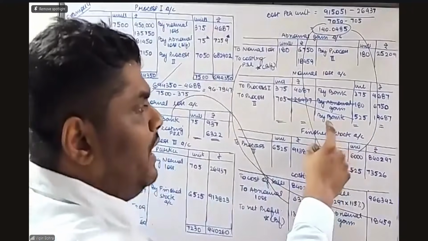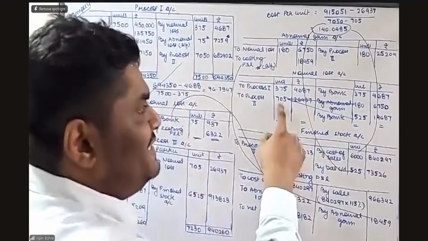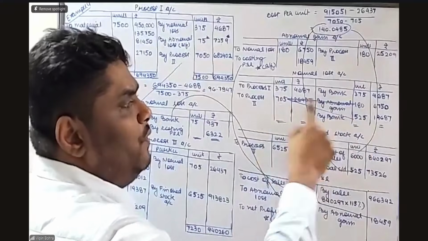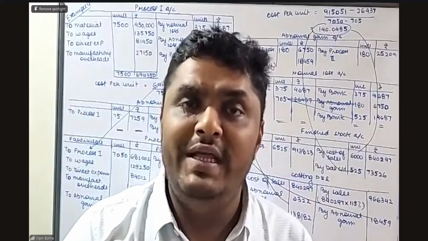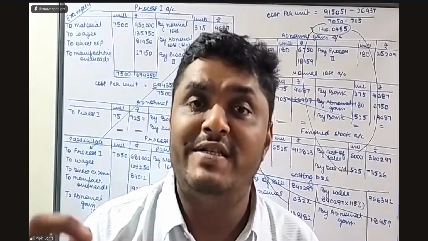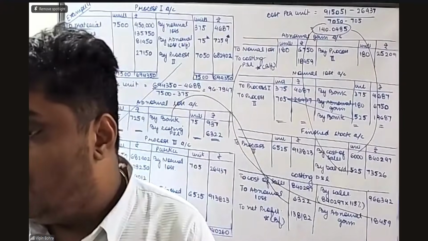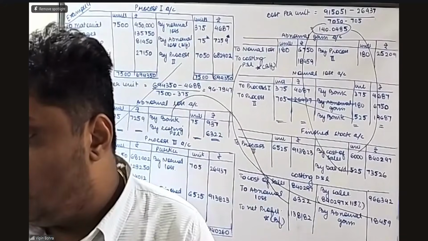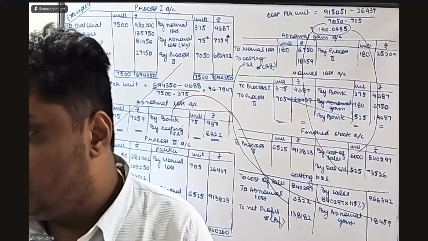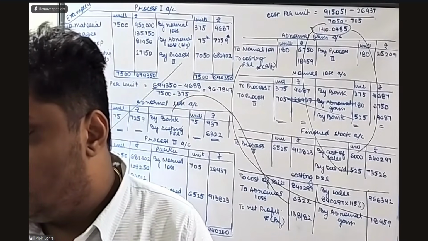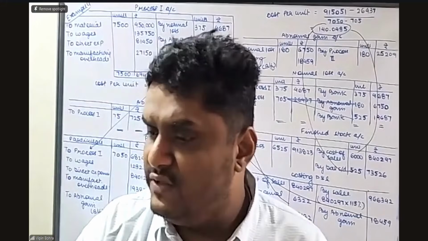So, the units that are actually sold in the market: out of these 705 units, 180 is abnormal gain. So, balance units are only sold in the market at the rate 37.5. The scrap value is given in the question, Medha. No, nothing will be transferred, Sudhanshu.